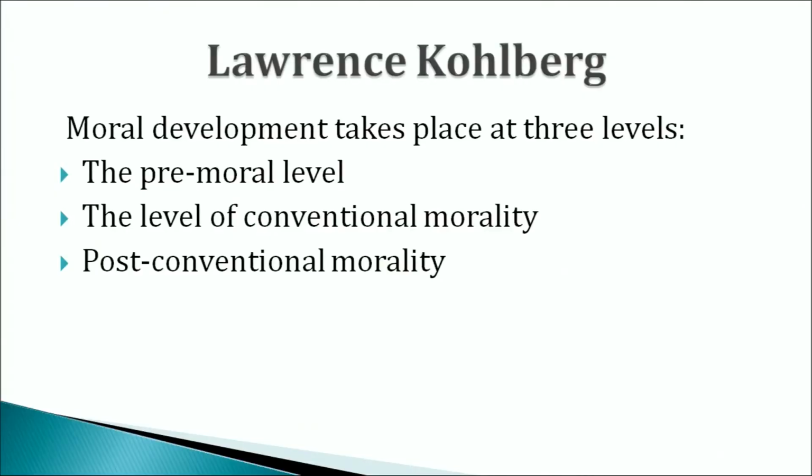According to Lawrence Kohlberg, moral development takes place at three levels. The first is the pre-moral level. The second is known as the level of conventional morality, and the third is known as post-conventional morality. Let's understand these three stages.